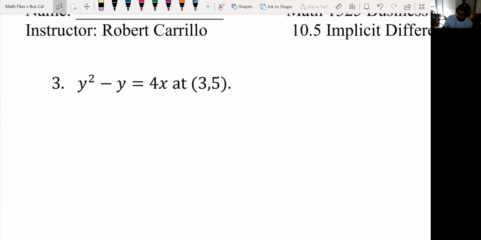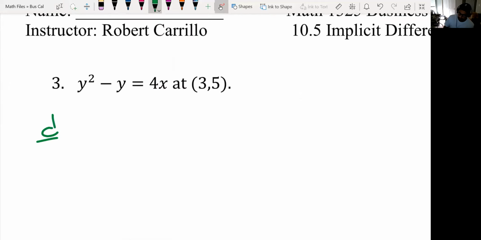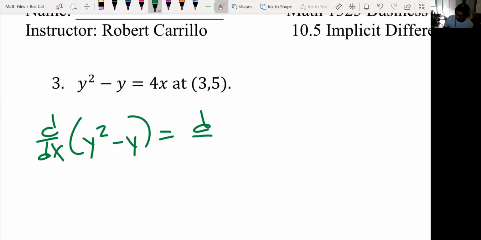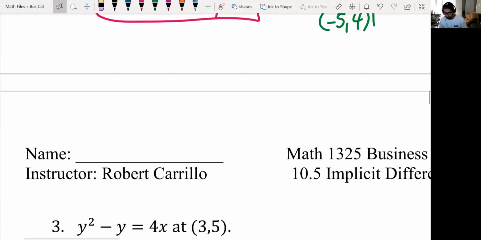Again, same thing. Say d over dx of y squared minus y equal to d over dx of 4x.